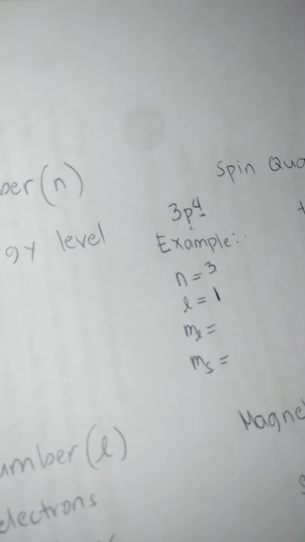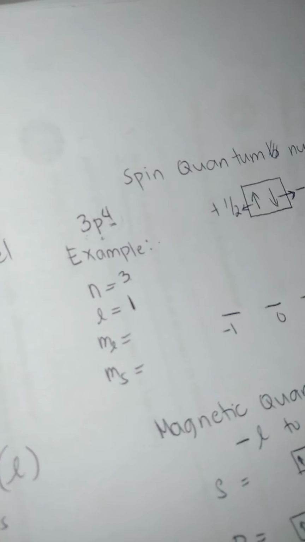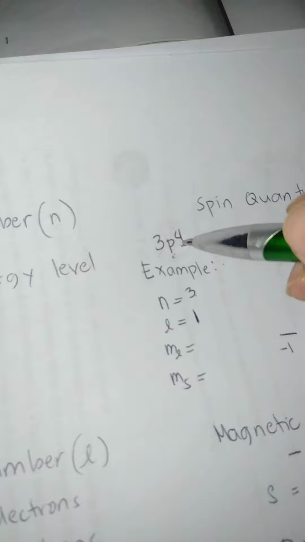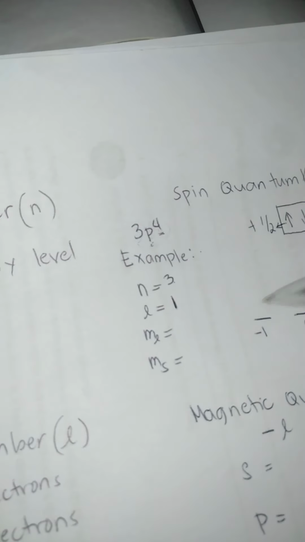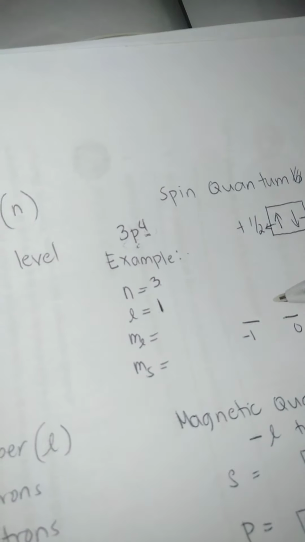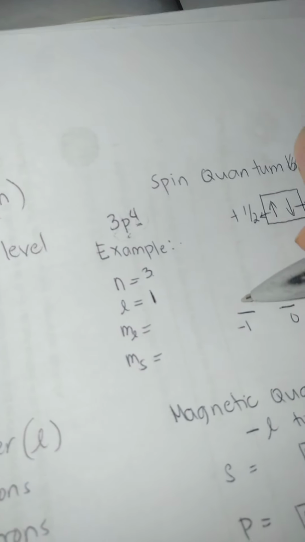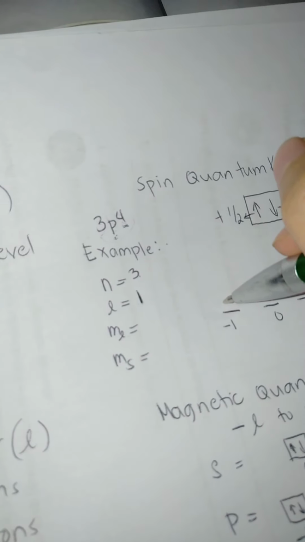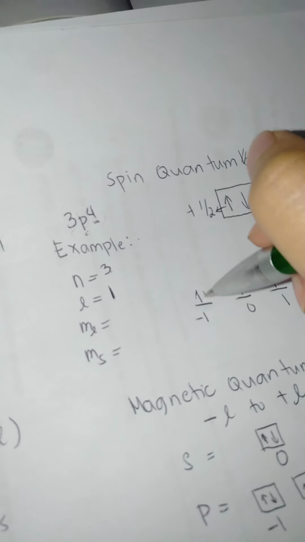You can use this illustration. You can just put the 3 lines indicating -1, 0, and then 1, because our orbital is letter P. Then you distribute the electrons following the principle that I gave you a while ago. So arrow upward, 1, 2, 3, 4.